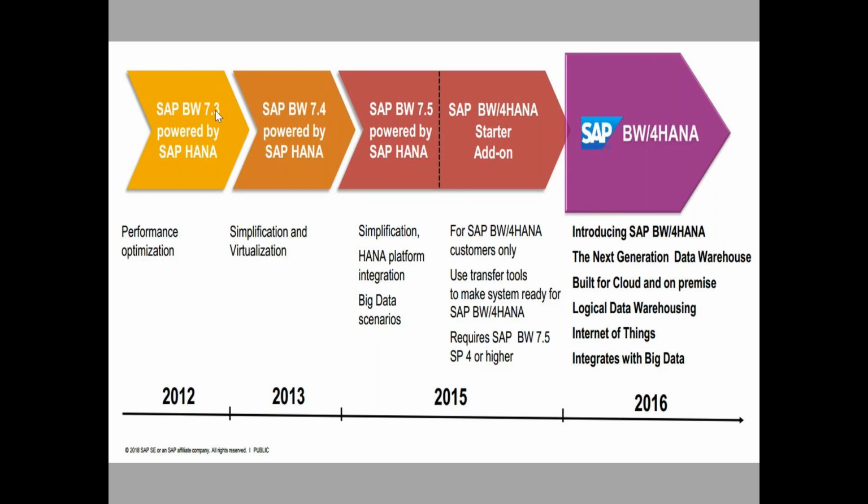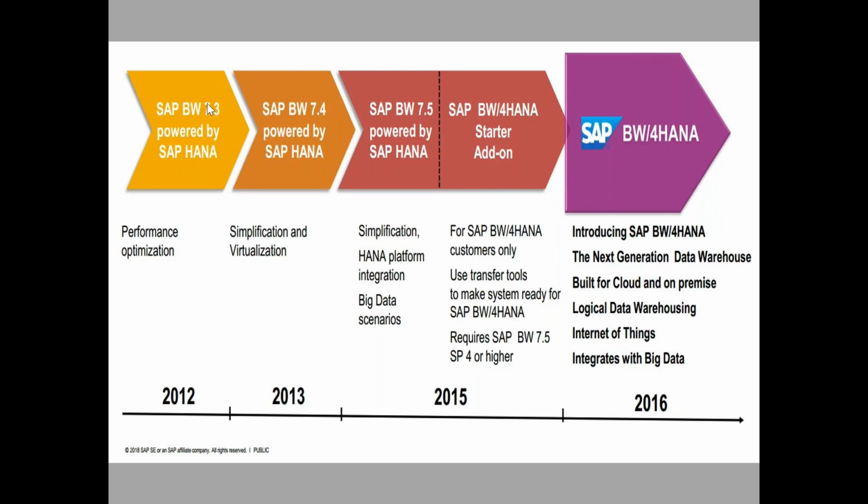Initially, once we started using HANA as a database, HANA was introduced to BW with the entire idea of improving the performance of the BW applications. The main usage of HANA with respect to BW initially was the performance of the BW applications.